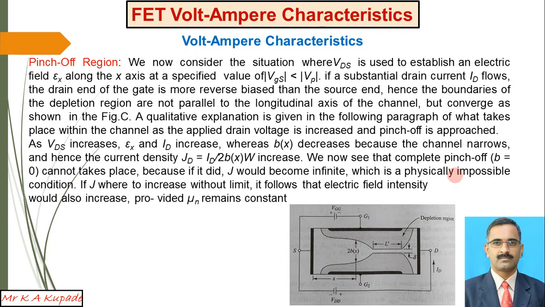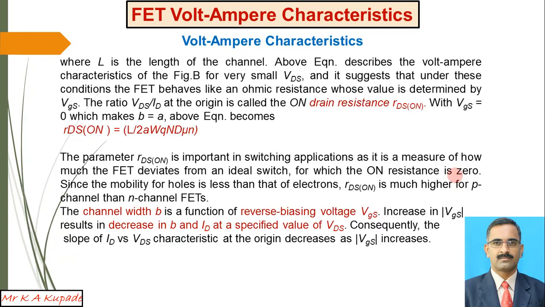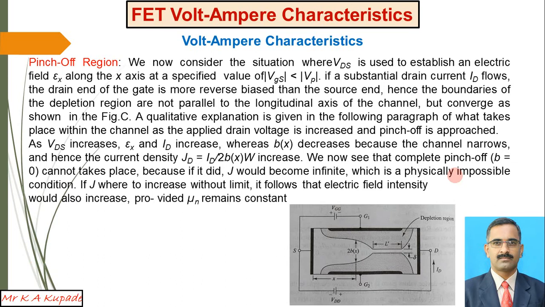Now we consider the pinch off region. Once again I will show that: this is the pinch off region. Consider the situation where VDS is used to establish the electric field, epsilon x, along the x-axis at the specified value of VG, which is less than Vp.